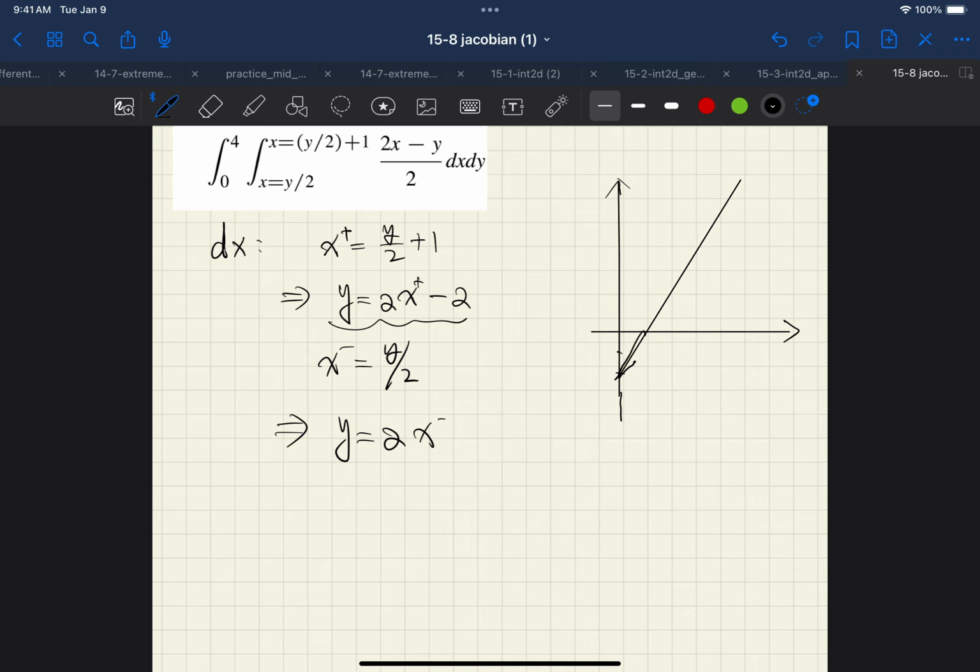I'm going to label this as curve 1, and this is curve 2. Curve 1 is here, and curve 2 is the lower limit, with the same slope 2, going through the origin 0, 0.